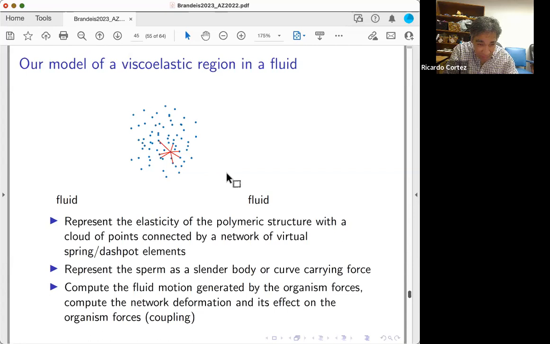And so when an organism goes through this region here, it's going to move the points, and it's going to stretch those springs, and those springs are going to then produce some force that is going to hold them together. So that all together produces the effect of having a viscoelastic chunk of fluid here, or a region embedded in a viscous fluid.